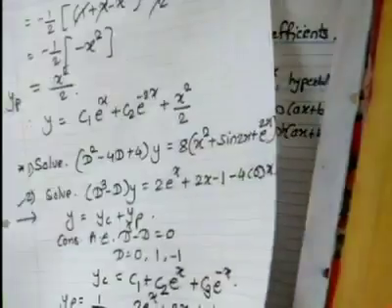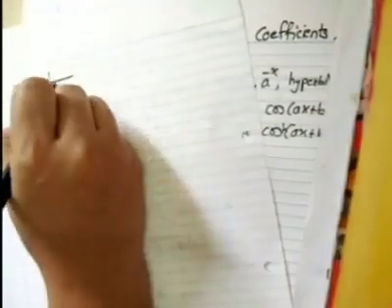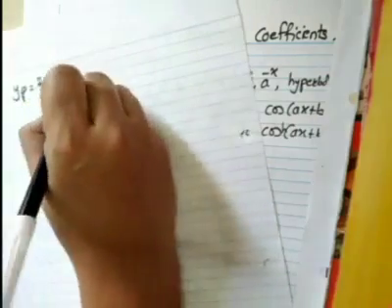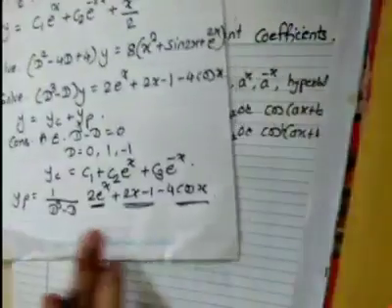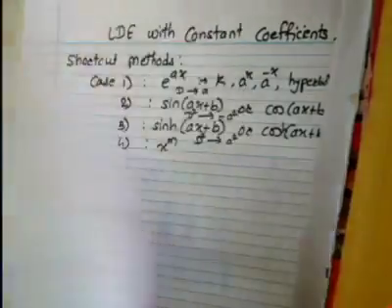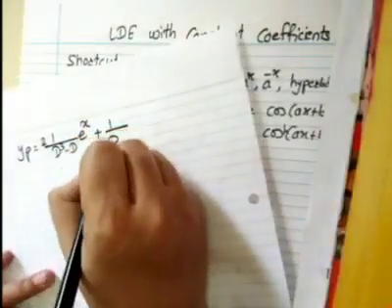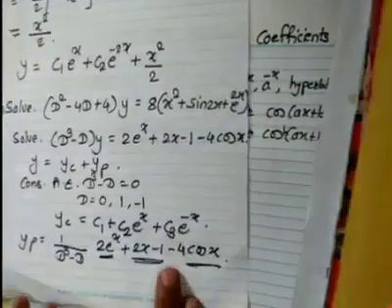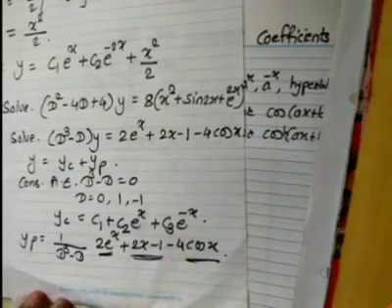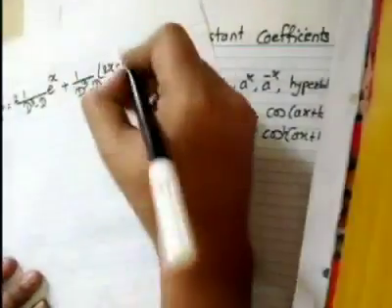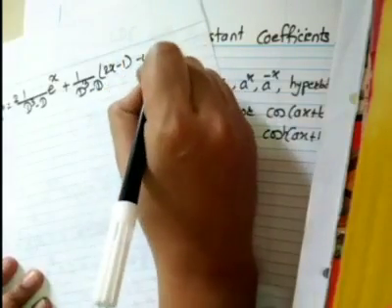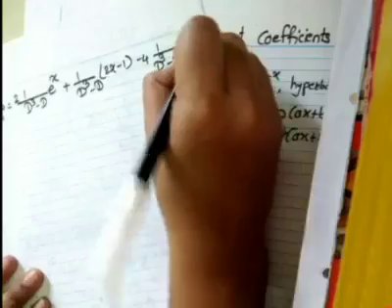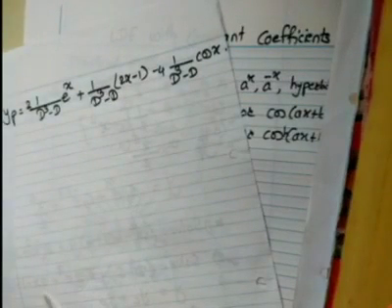We'll write yp equal to 1 upon D cube minus D into 2 e raised to x, where 2 is a constant outside. Secondly, plus 1 upon D cube minus D into 2x minus 1. Third, minus 4 is a constant, take it out, minus 4 into 1 upon D cube minus D into cos x. Such three parts we need to solve.